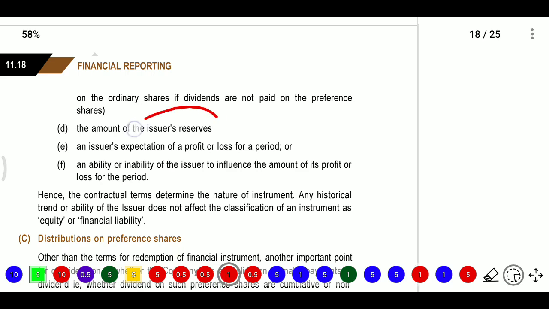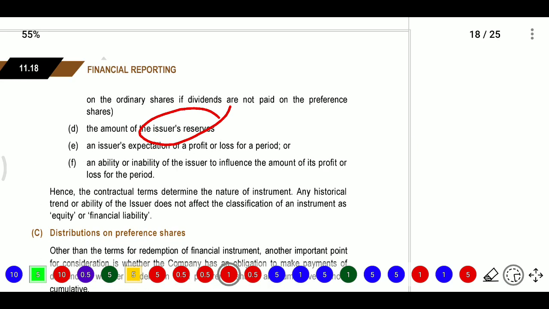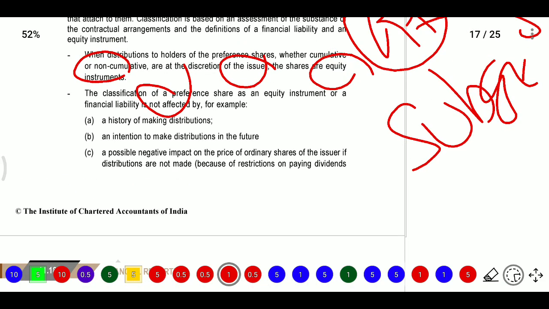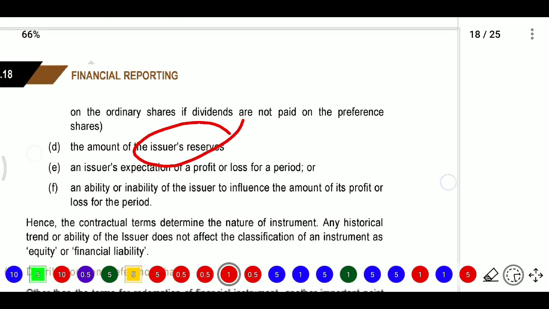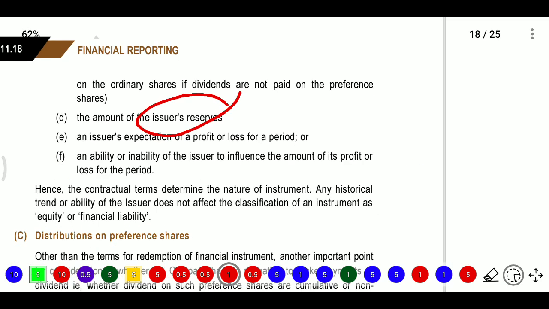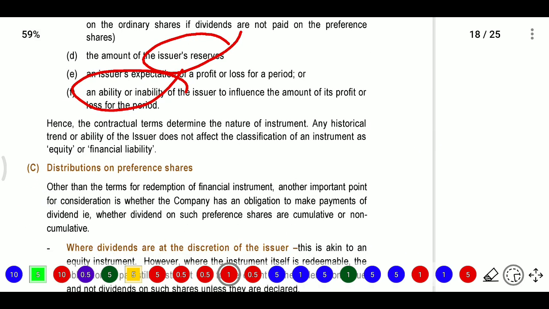Whatever the amount of the issuer's reserves, and the issuer's expectations of profit or loss for a period, it does not affect the classification as financial liability or equity instrument. The ability or inability of the issuer to influence the amount of its profit or loss for the period also does not affect the classification. Here the contractual terms may determine the nature of the instruments. So any historical trends or ability of the issuer do not affect the classification of an instrument.